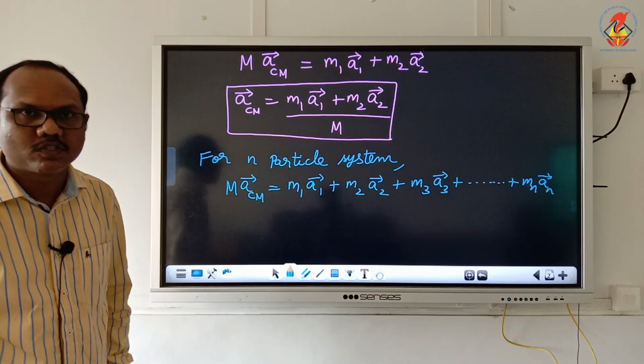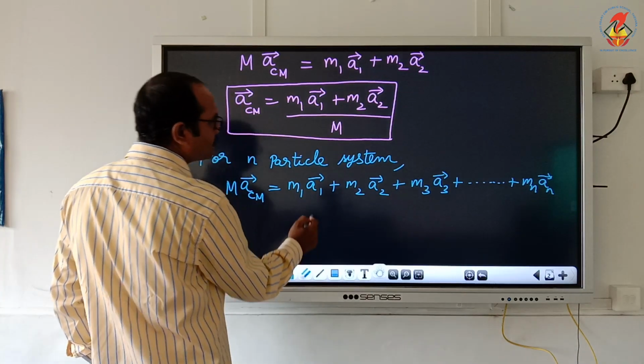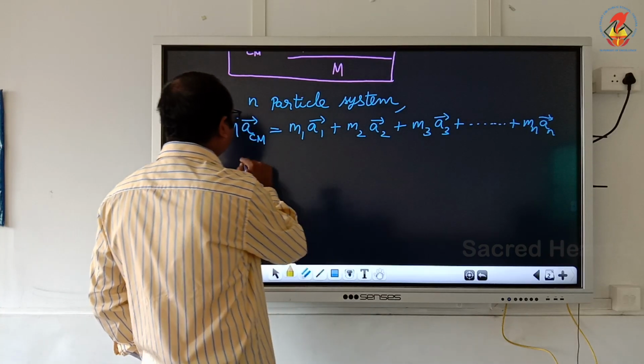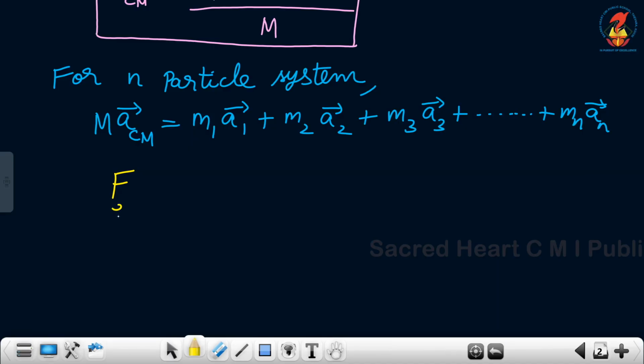Ma is force. So, I will be writing it like this. M into ACm is called the total external force.